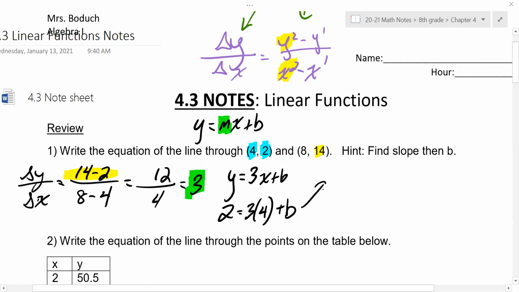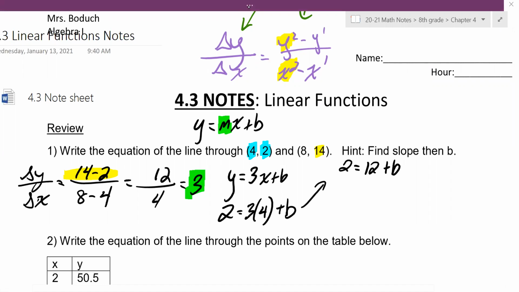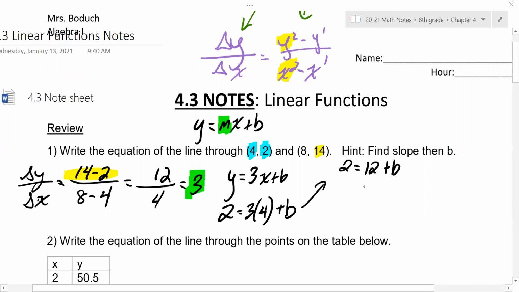So now I have 2 is equal to 12 plus b, and I can solve for b. That's from 7th grade. Minus 12, minus 12. So now I have negative 10 equals b.